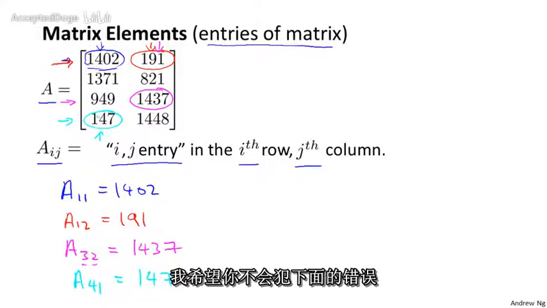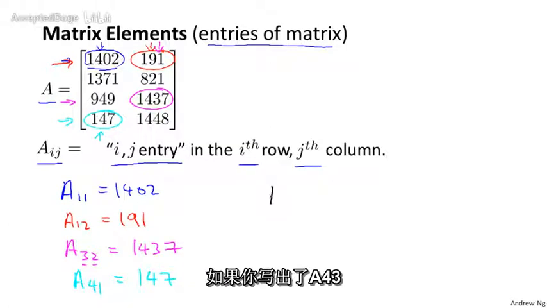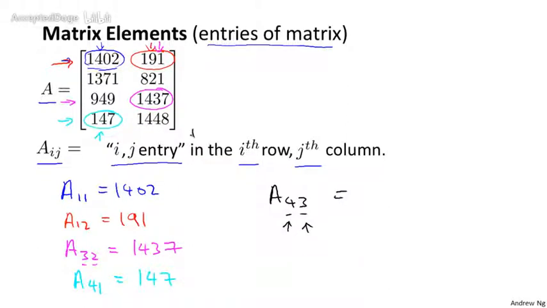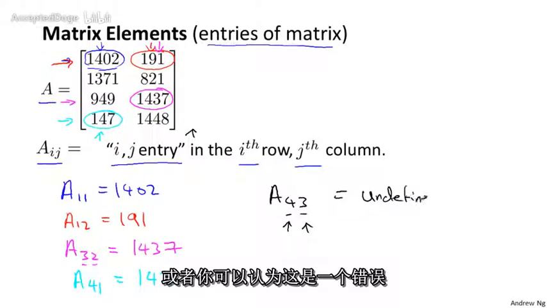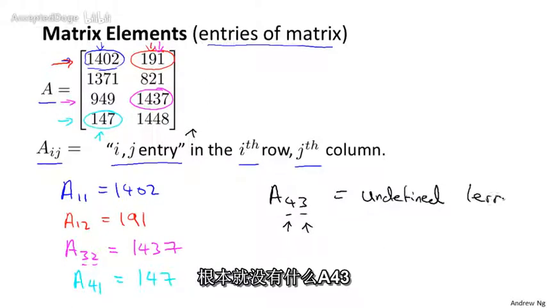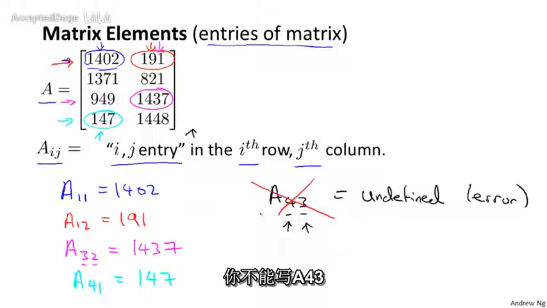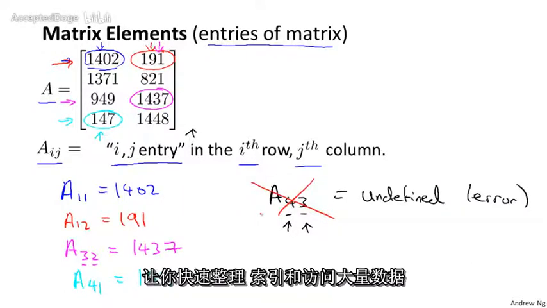And hopefully you won't, but if you were to write, say, A43, well, that refers to the fourth row and the third column, but this matrix has no third column, so this is undefined. You can think of this as an error. There's no such element as A43, so we shouldn't be referring to it. So the matrix gives you a way of letting you quickly organize, index, and access lots of data.